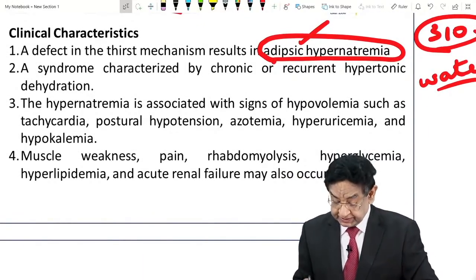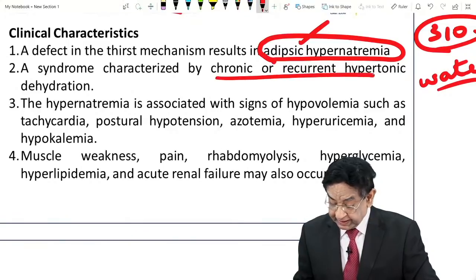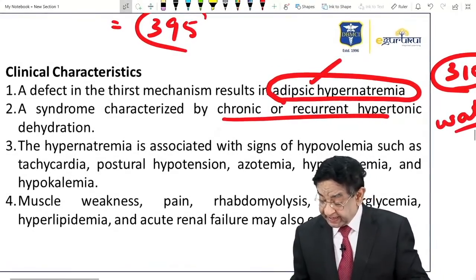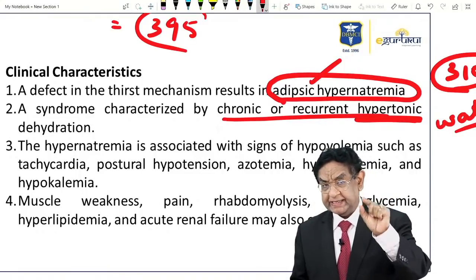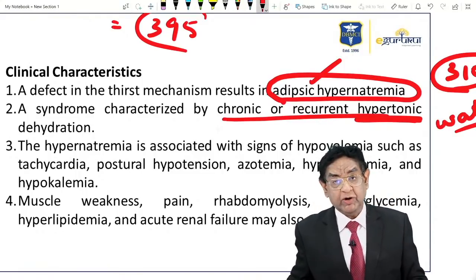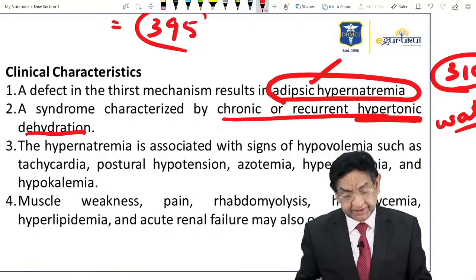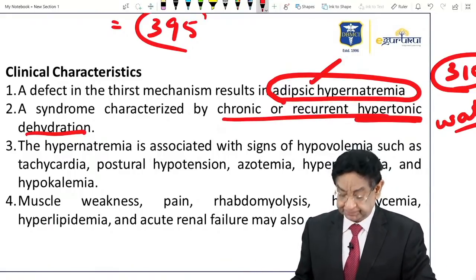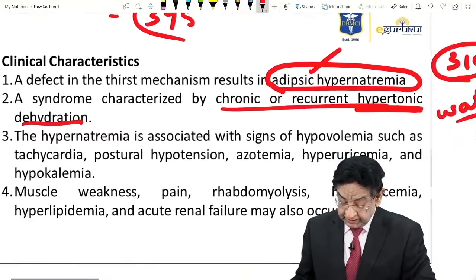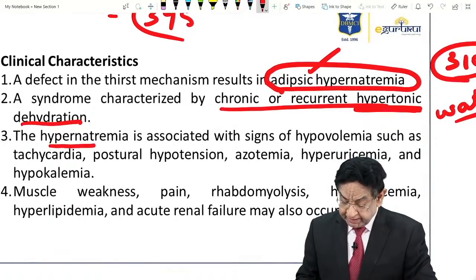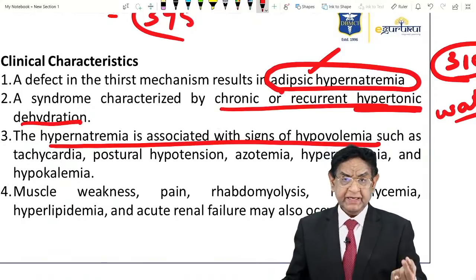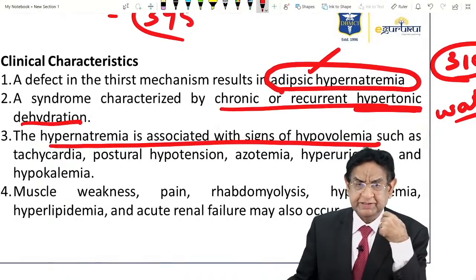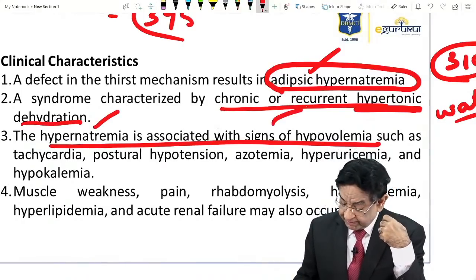In this, there is a chronic or recurrent hypertonic dehydration. Hypertonic, why? The serum osmolality has gone high, and his dehydration, the way I explained to you. And there will be hyponatremia, with signs of hypovolemia. Yes, he is dehydrated. Hypovolemia is there, but hyponatremia.